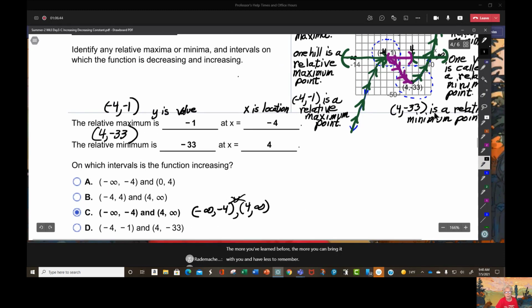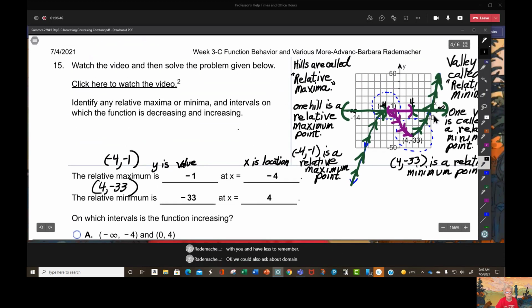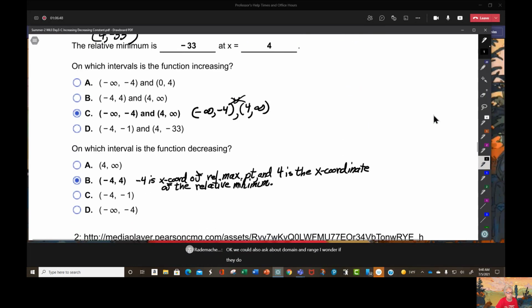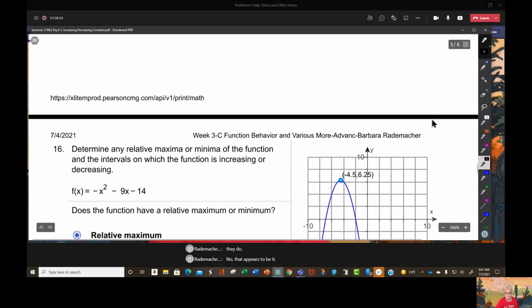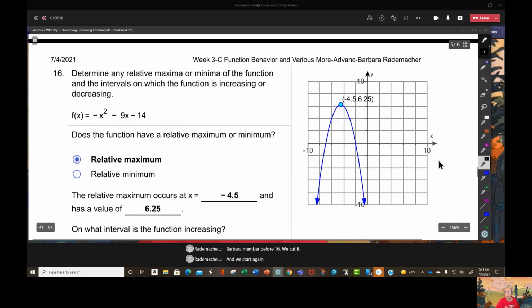Okay, we could also ask about domain and range. I wonder if they do. No, that appears to be it. Here we have a quadratic, a cupped down parabola. We're used to dealing with those.